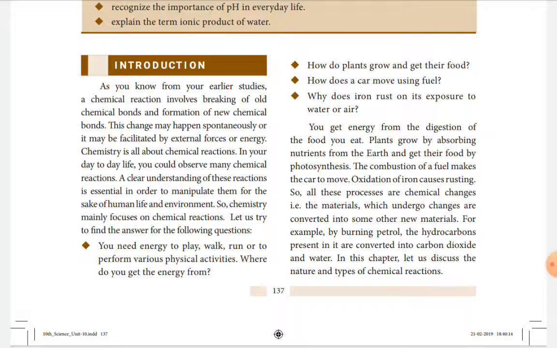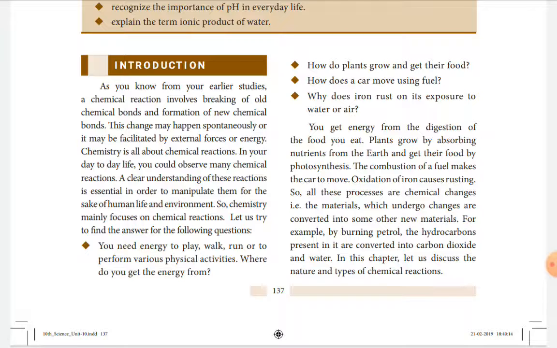That arrow mark indicates the direction of the reaction, and usually we write the equation in the form of a word equation. Then we have to convert it into molecular formula, and check whether the equation is balanced or not. So what is called balancing?